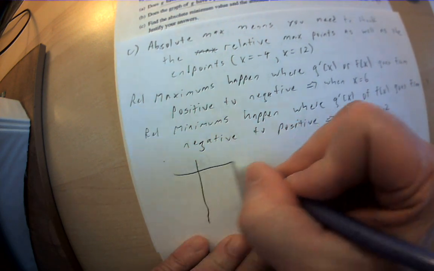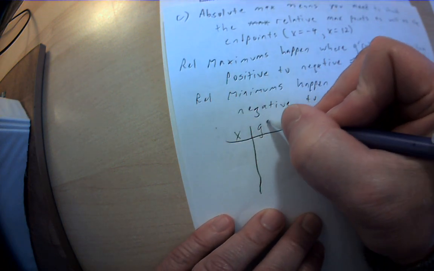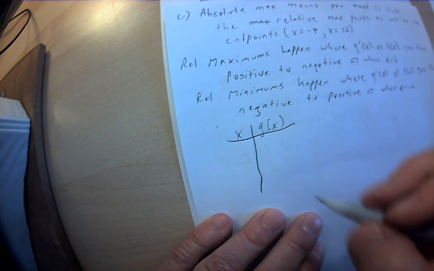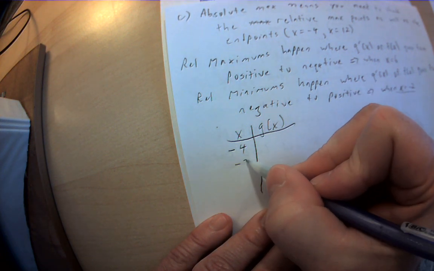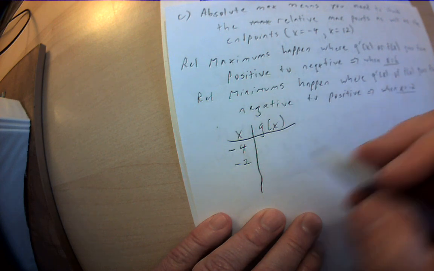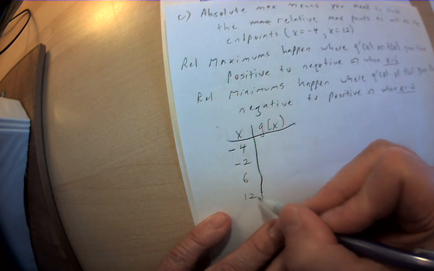Okay? So the points I've got to worry about, I'm looking for G of X. I got to check the endpoint, so I got to check -4. There's a min at -2. There's a relative max at 6, and then I got to check the other endpoint, 12.